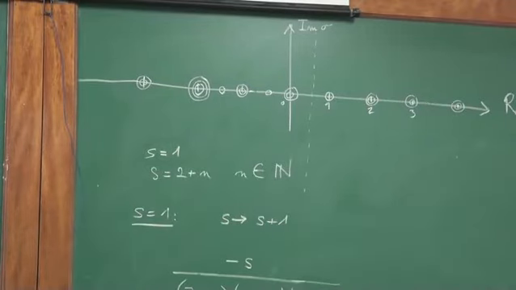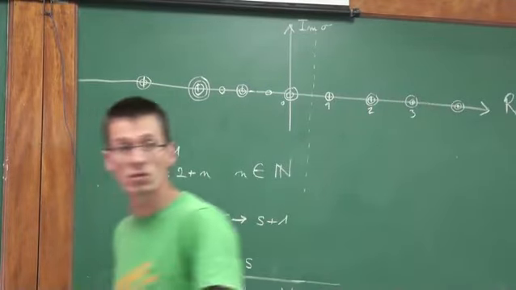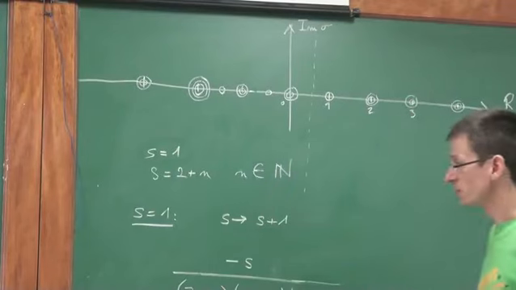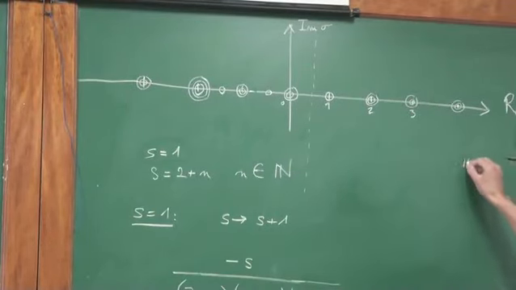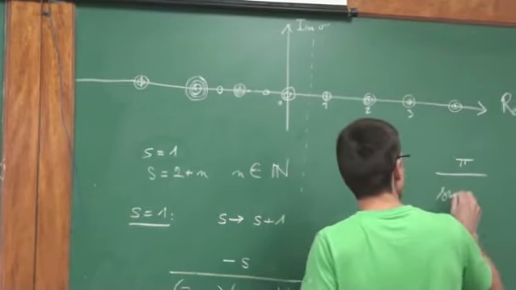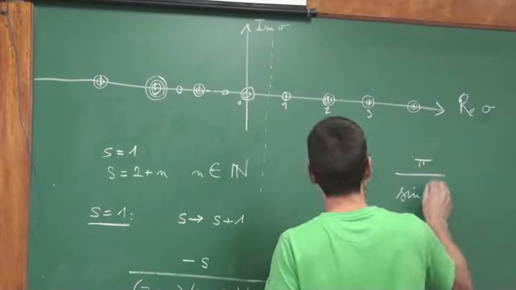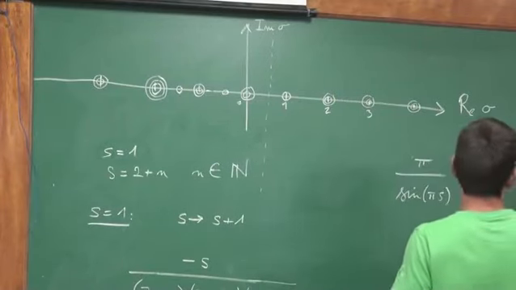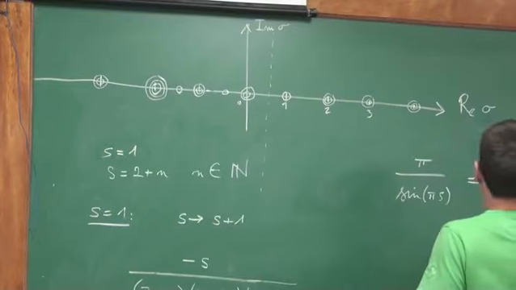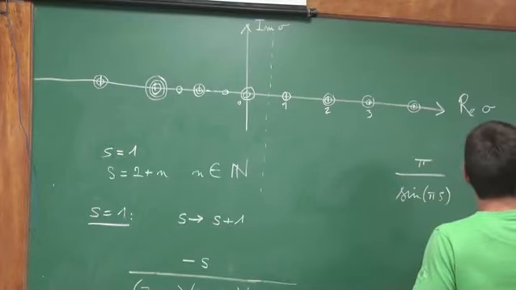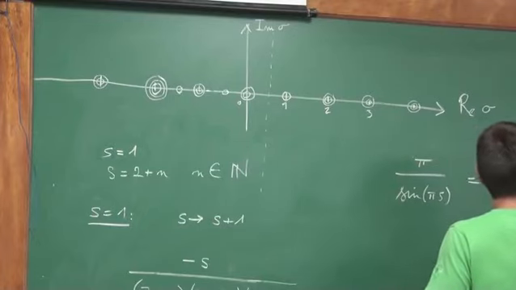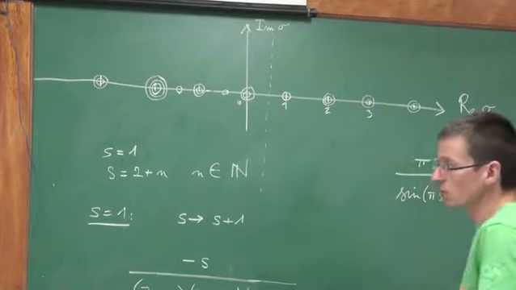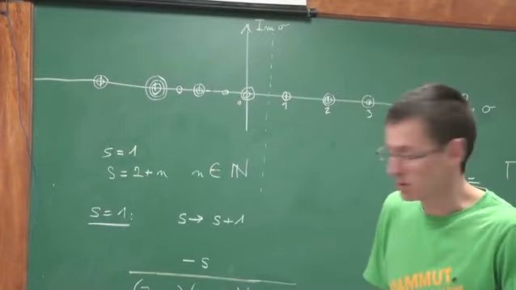And now for this, we can say that pi over sine pi s equals gamma s gamma 1 minus s. Well, it's not obliged to do it like this.